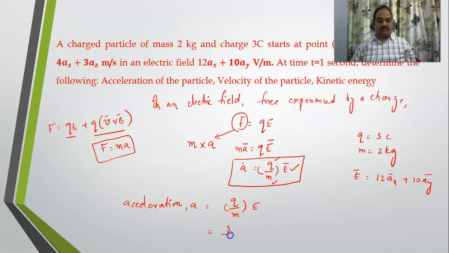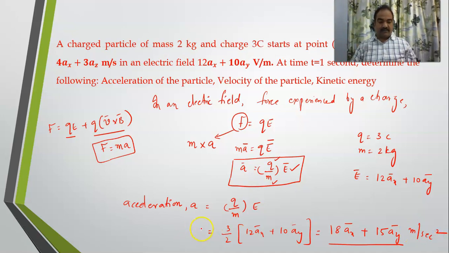Q by m is 3 by 2 into 12ax bar plus 10ay bar. Right. So what we will get here? This is 18ax bar plus 15ay bar. This is acceleration, meters per second squared.